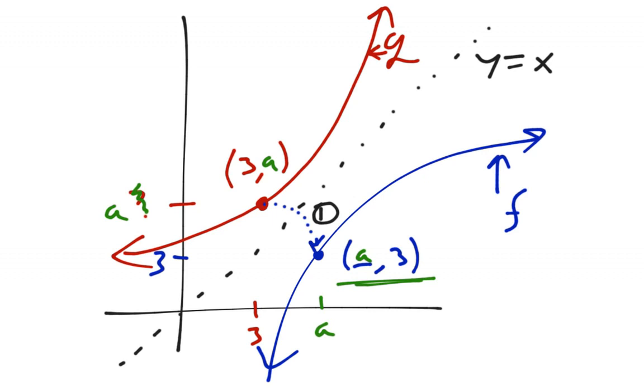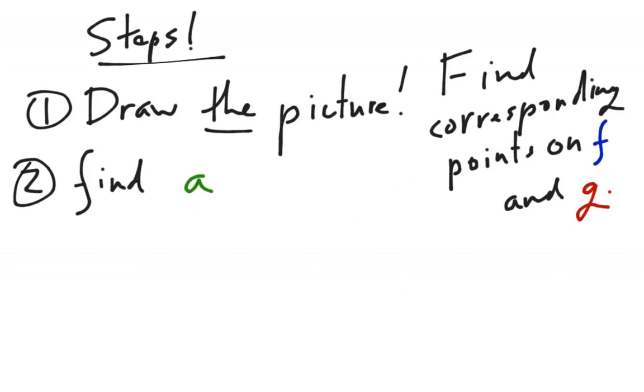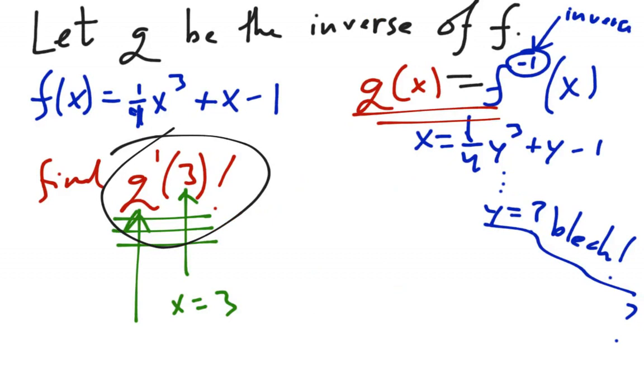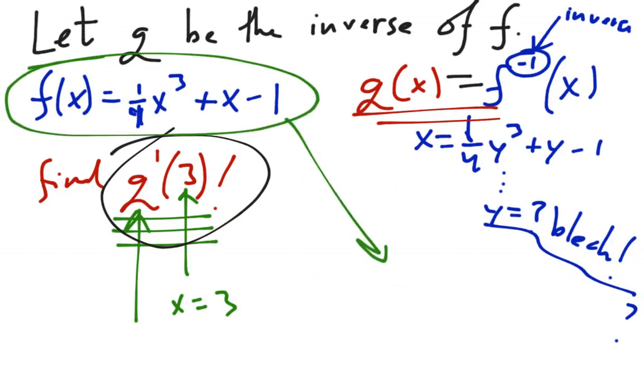To do that, we need to do a few more things. The first thing we need to do is find a. So that's step 2. Yay, let's find a. Well, how do we find a? We have a function, and we know that when we plug in a, we're going to get 3. So what's our equation for f? Oh, there it is. So we're going to take this equation, set it equal to 3, and solve for the x value, which is, in this case, a.